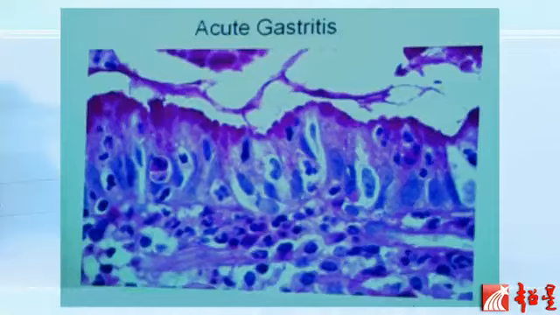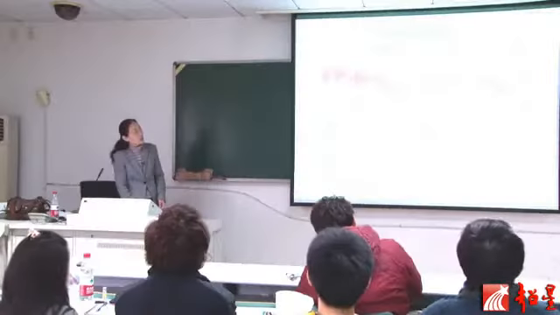And this picture shows us acute gastritis. Here we can see the epithelium of the stomach, the columnar cells. Here is the mucin. And in this epithelium, we find neutrophil infiltration. So we call it acute.